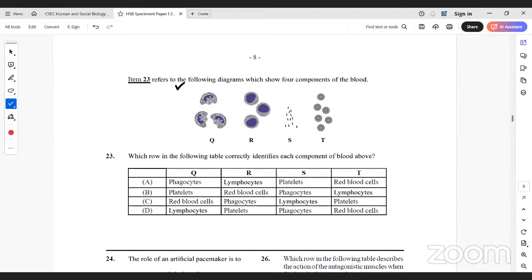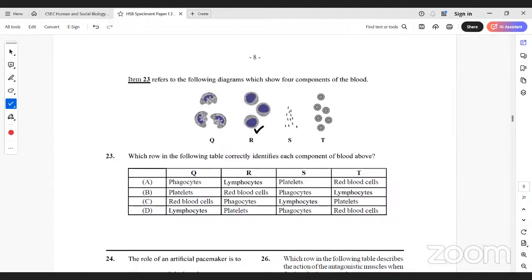Item 23 refers to the following diagram. Again, we are still in the circulation topic. So these are blood cells that they are showing you, and you just have to recognize them. Any cell that has the lobed nucleus, you know those are phagocytes.